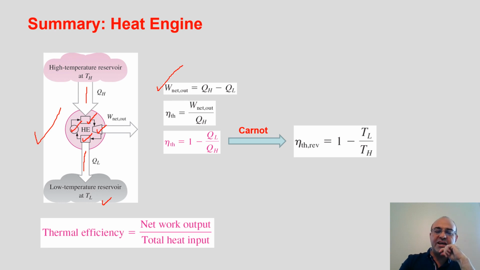And then we said that for the reversible ideal cycle, which is called the Carnot cycle, QL over QH is replaced by TL over TH, where these temperatures are in Kelvin, and the efficiency of the Carnot cycle is obtained from this equation, 1 minus T sub L over T sub H.